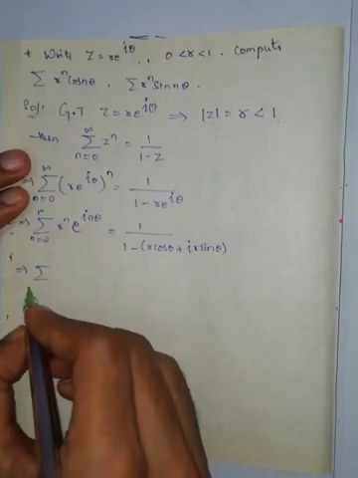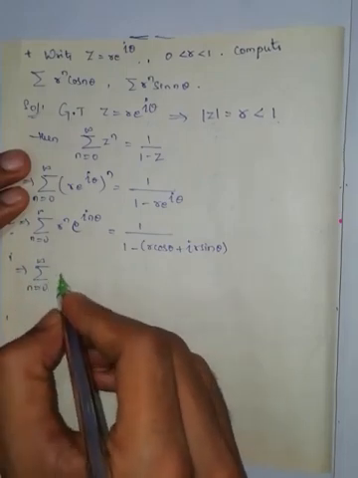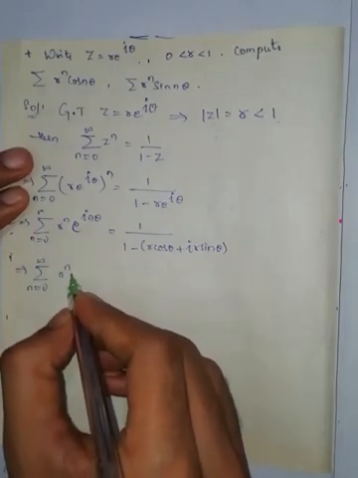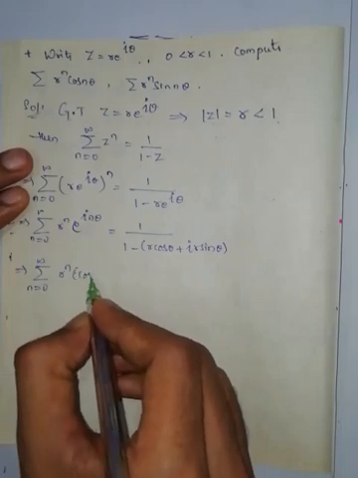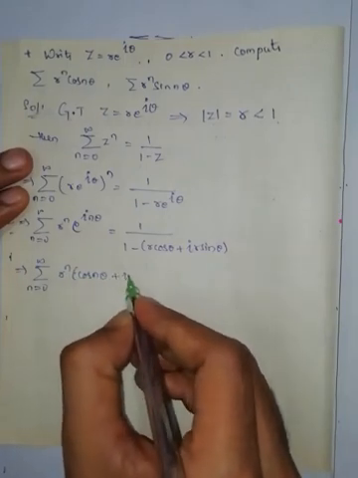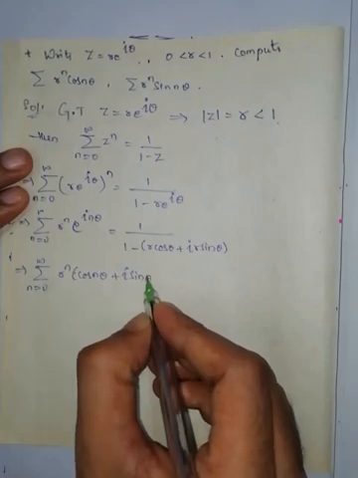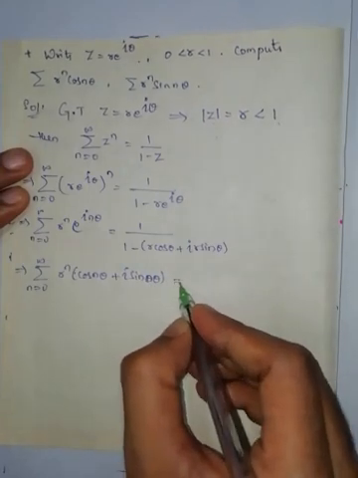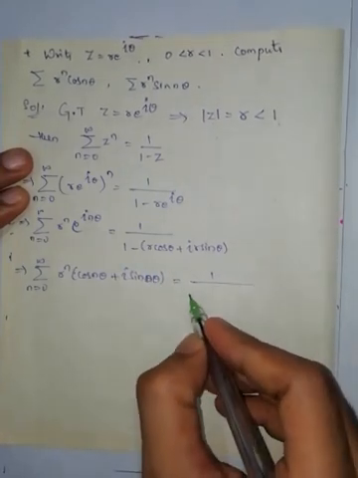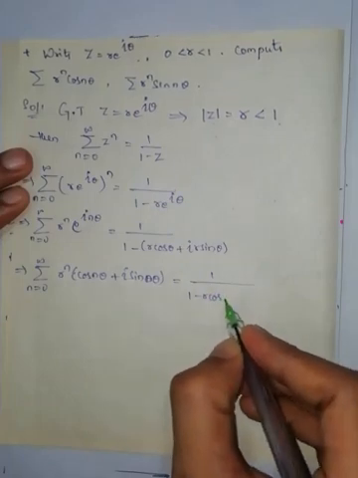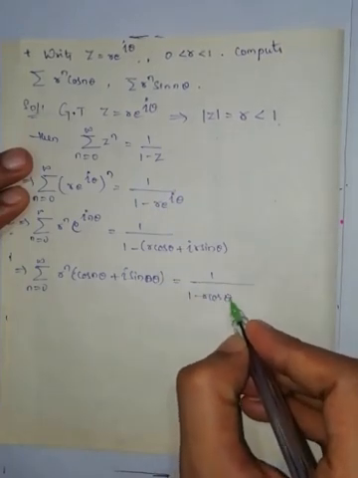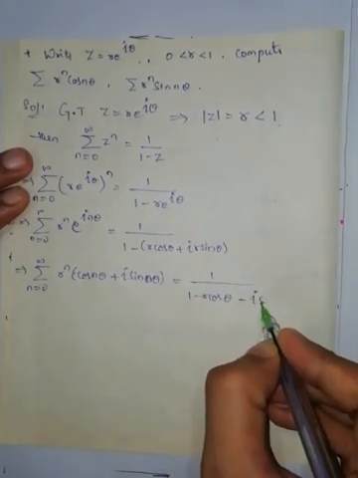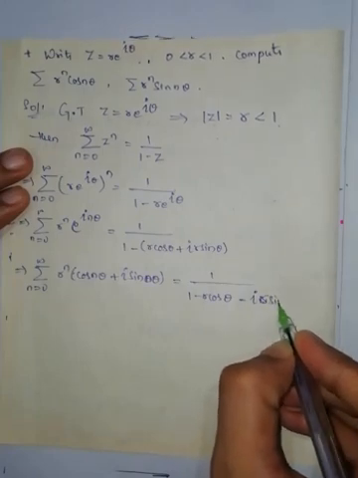This implies summation n is equal to 0 to infinity r to the power of n (cos n theta plus iota sin n theta), which is equal to 1 by (1 minus r cos theta minus iota r sin theta).